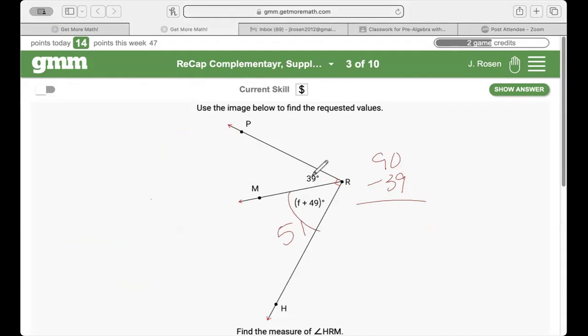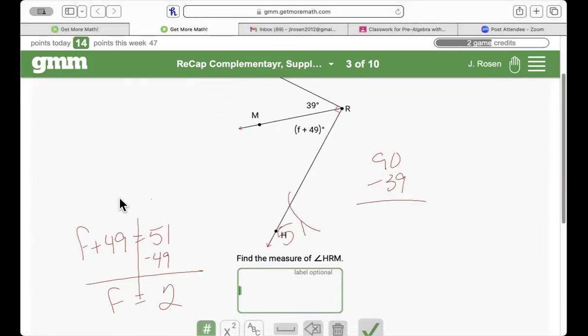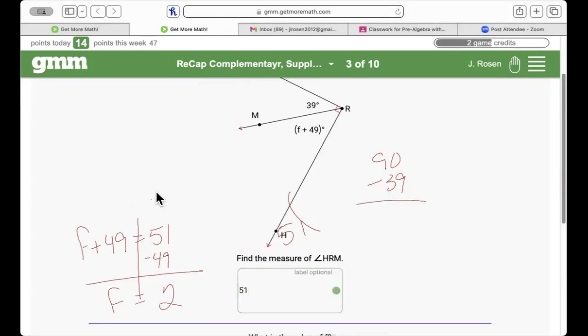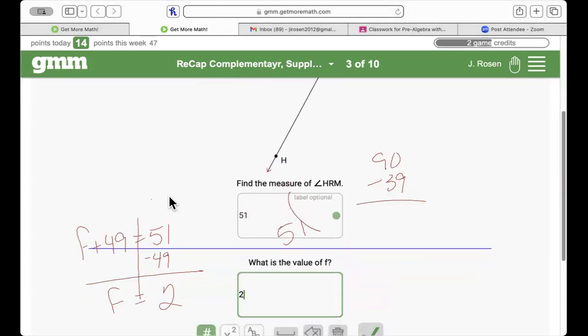And then it wants us to solve for F. So we would do F plus 49 equals 51. And we're going to subtract the 49. So F equals 2. Okay, so that means that the measure of HRM was 51. And the variable was 2.